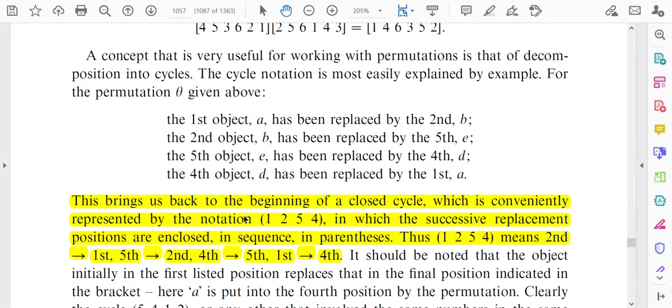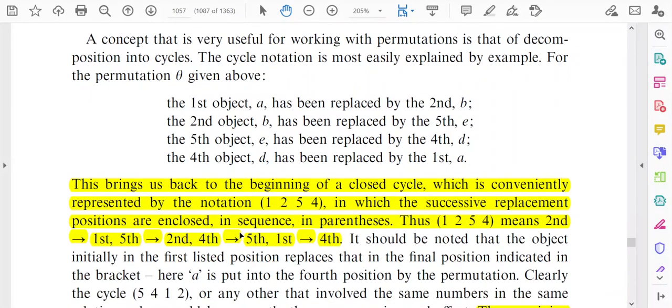So this can be represented by the notation 1, 2, 5, 4. So what is the meaning of the notation 1, 2, 5, 4? The meaning is that you have to draw an arrow from 2 to 1. That means the second object replaces the first object.